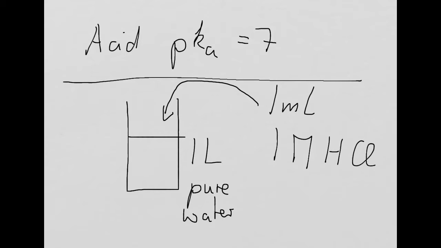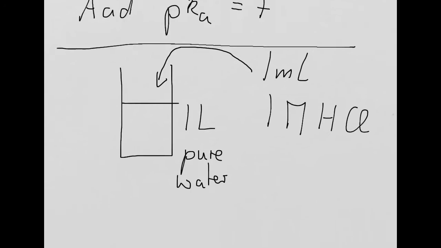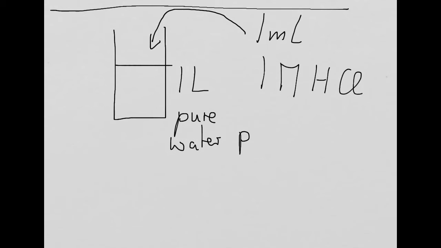First question for you. What is the pH before I add the hydrochloric acid? 7? Yeah? Why? pH of pure water. You're absolutely right. So that's pH 7. What is the pH after I add the hydrochloric acid? Can we calculate that?